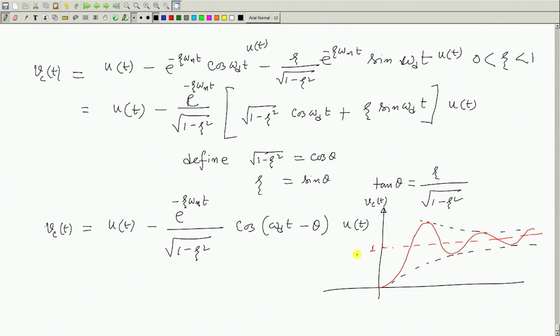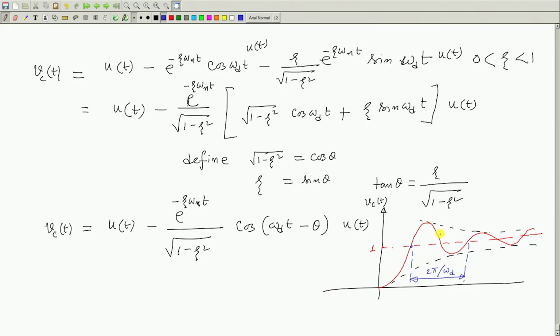But mind you, this interval between like points is equal to 2 pi by omega d, where omega d is called the damped frequency of oscillations. I think you have got it.